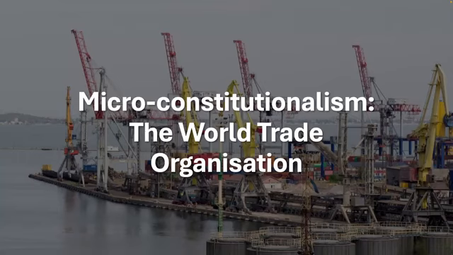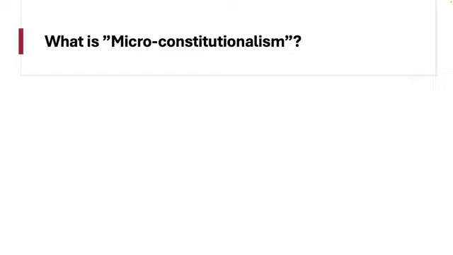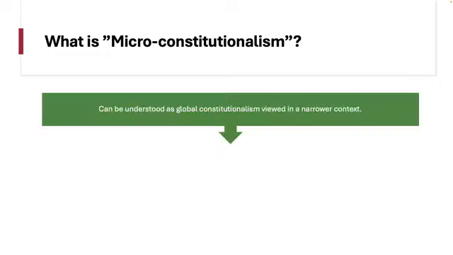So the World Trade Organization is the one I'm most familiar with, at least, and will be the first issue and the first concept of micro-constitutionalism. And the first thing I want to get down very quickly is asking what we mean in this context by micro-constitutionalism. Well, it can be understood as global constitutionalism, but viewed in a very narrow context.